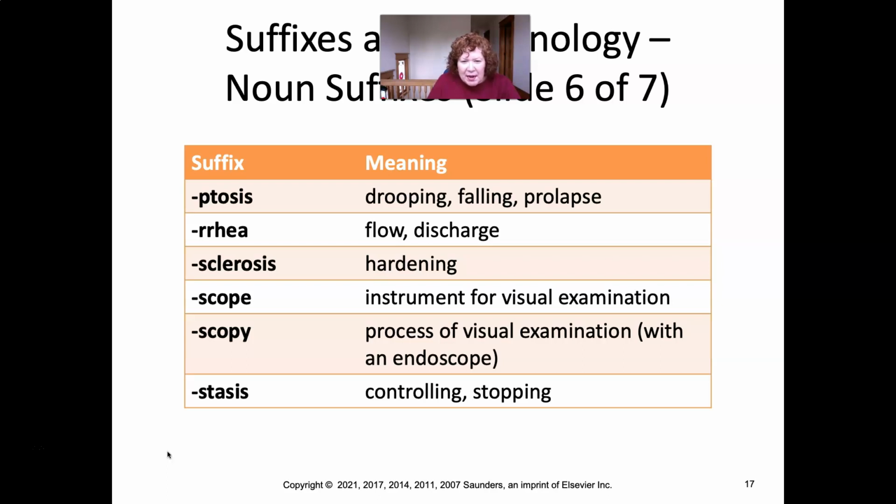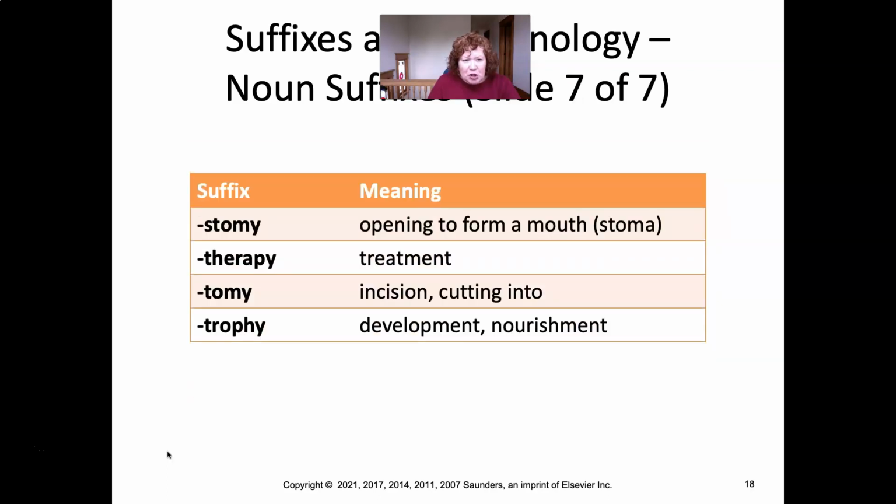Scope and scopy, make sure you know the difference between scope and scopy. Stasis, stomy, therapy, tomy, and trophy. Now I want to bring your attention to stomy versus tomy. The only difference is an S, but the meanings are very different.